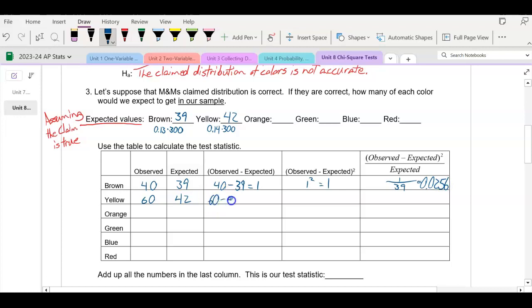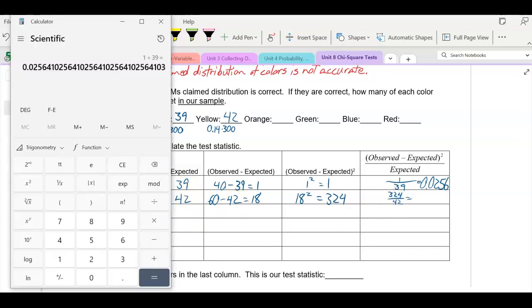60 minus 42 is 18. 18 squared is 324. So I have 324 over that expected number of 42. And when I figure that out, 324 out of 42 would be 7.7143, if I go same number of decimals.